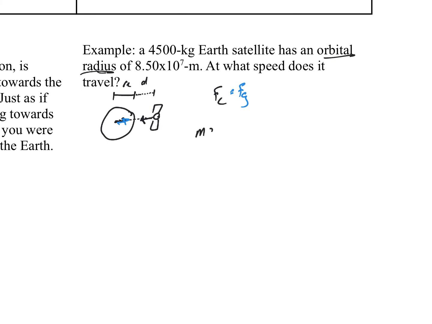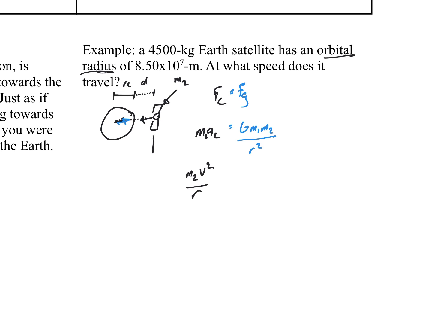So we have this idea here. It's mass times centripetal acceleration equals the big formula for our gravitation, G m1 m2 over r squared. So my centripetal acceleration can turn into, let's call this m2 here, mass 2 times v squared over r. That's my mass 2, which is going to be my satellite here.